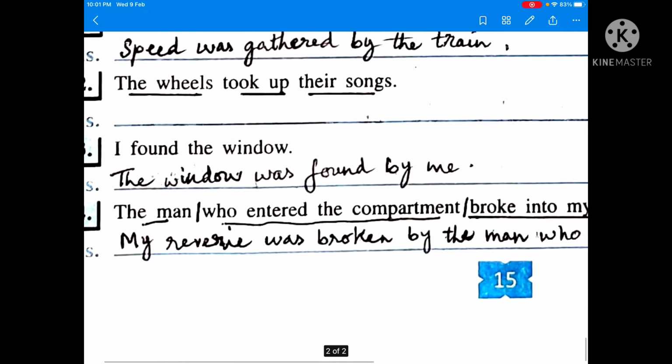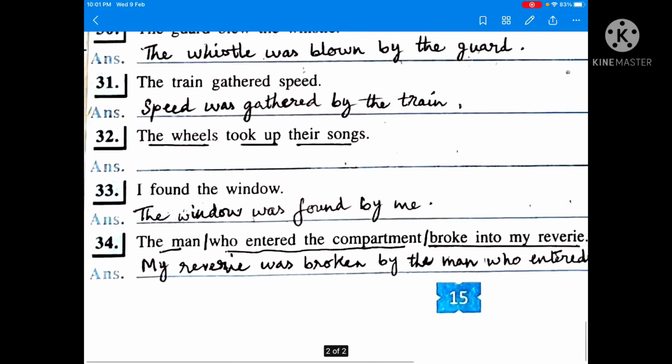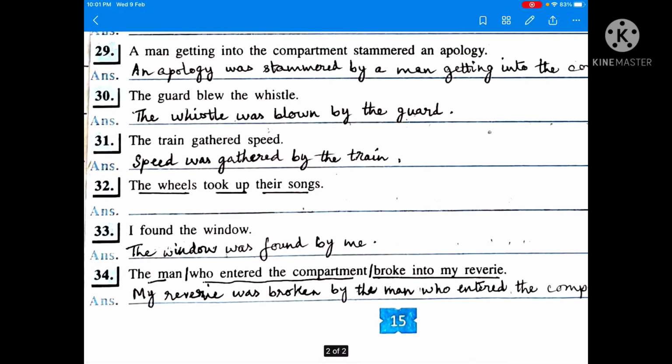The man who entered the compartment broke into my reverie. The man broke into my reverie, main clause. Who entered the compartment, subordinate clause.